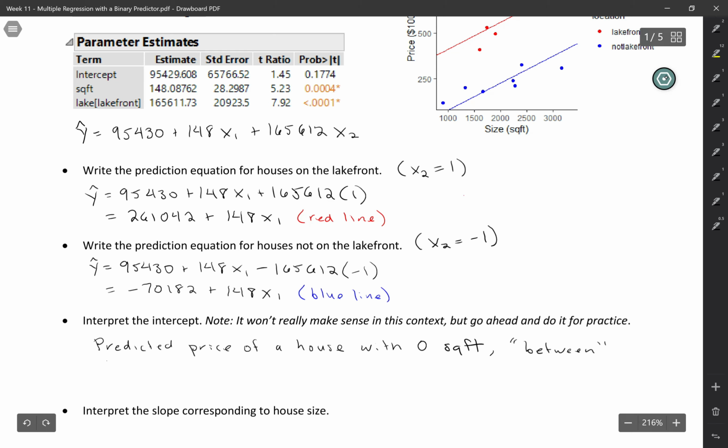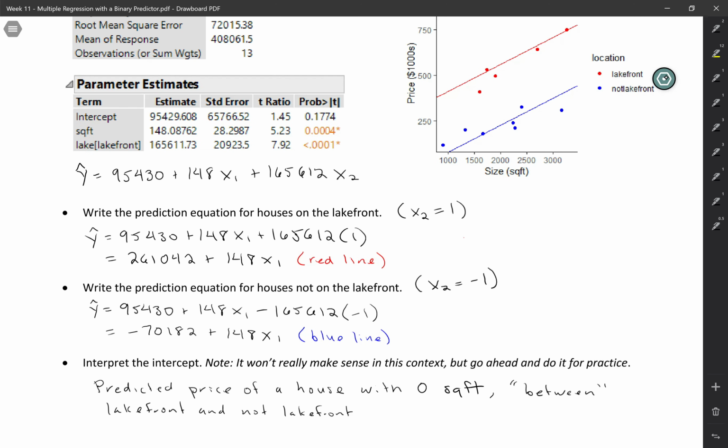Between lakefront and not lakefront. So on the graph, if you imagine a line for x2 equals 0, it would pretty much be halfway between the two lines that we have. So this is the intercept in the middle between lakefront and not lakefront.